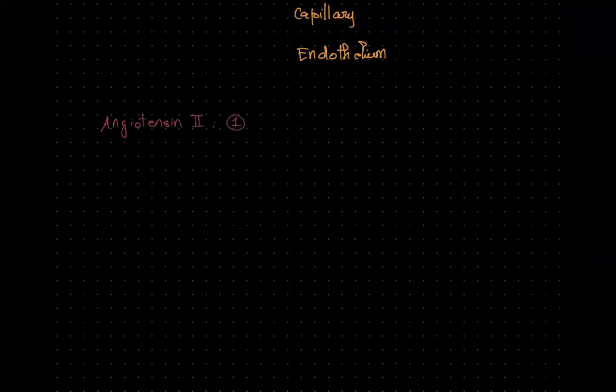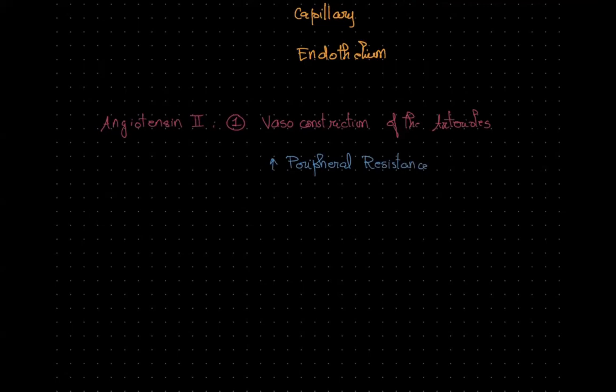We need to mention them, and those are vasoconstriction of the arterioles, this results in an increase in my peripheral resistance. And as a result, an increase in my blood pressure.